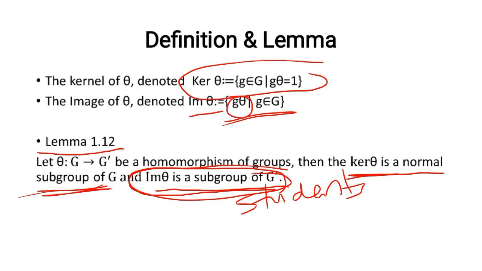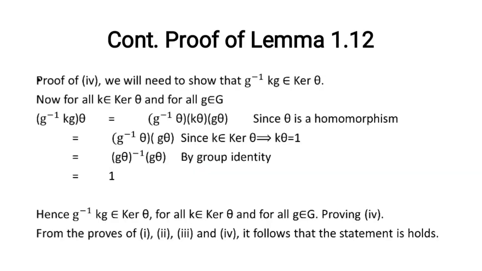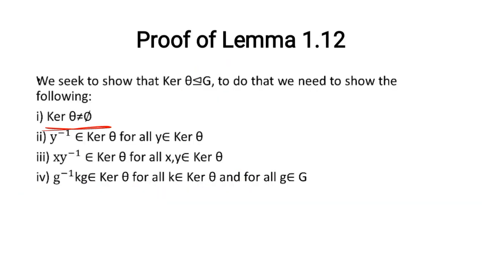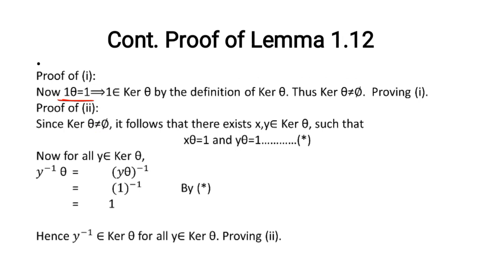Is that not so? Sorry, I've taken us way ahead. So we are seeing that the kernel is not empty, because 1 theta equals 1. So 1 is in the kernel of theta, and therefore it's not empty. So we proved 1.